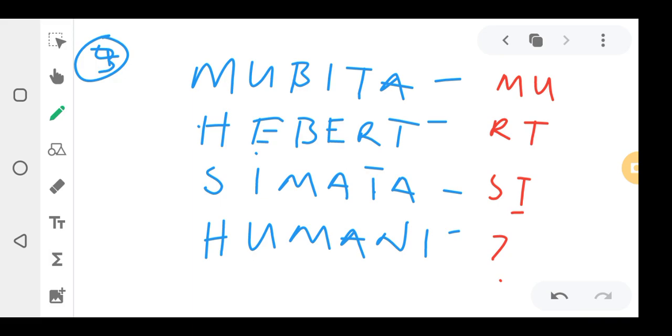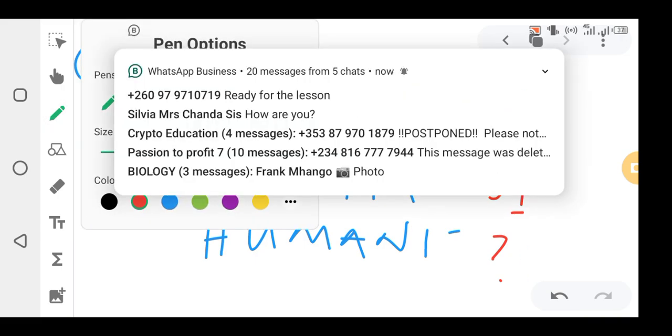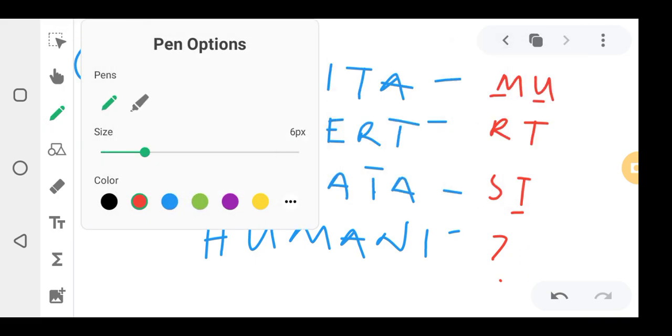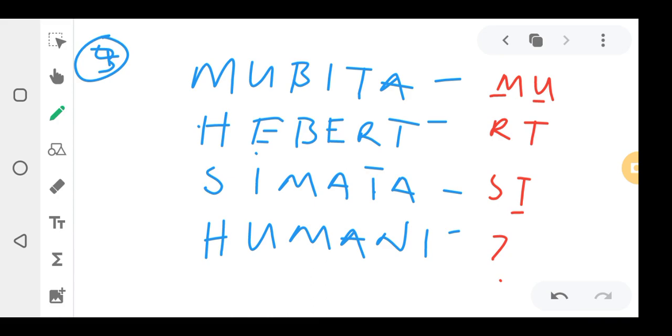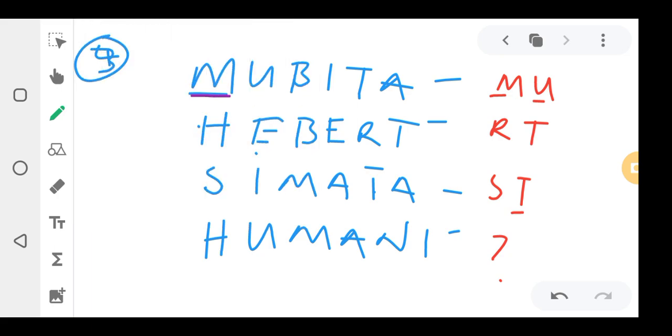Here is a question mark. What letters are coming there? So mu, it means they picked m and they picked u. They picked this m and this u.